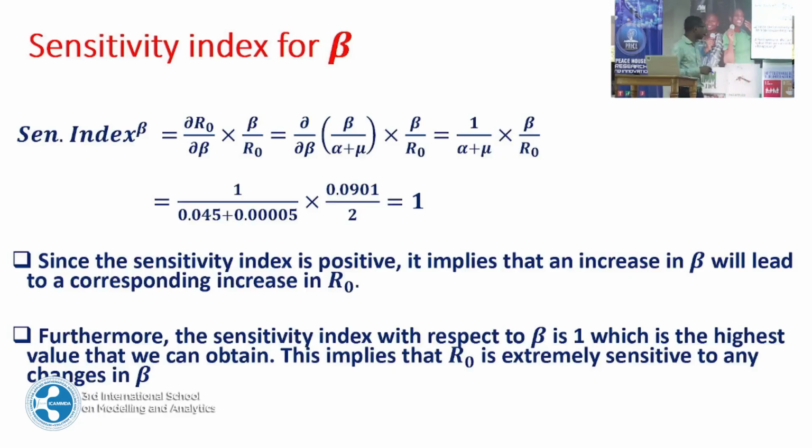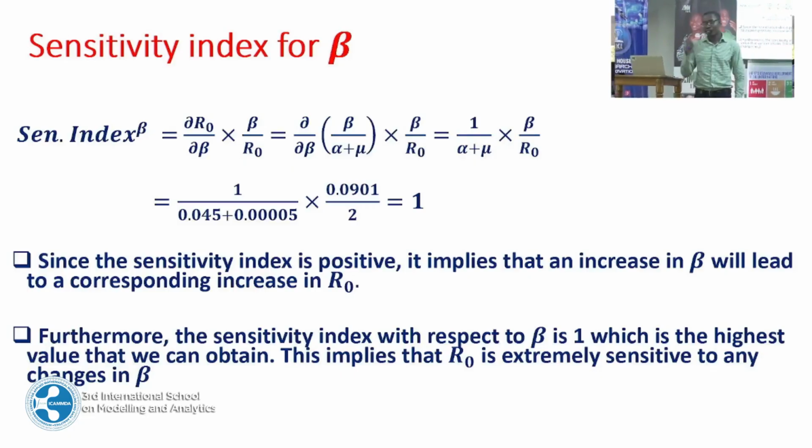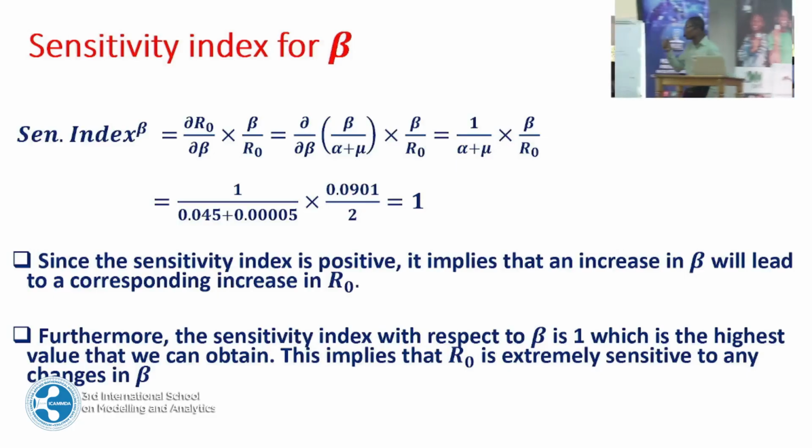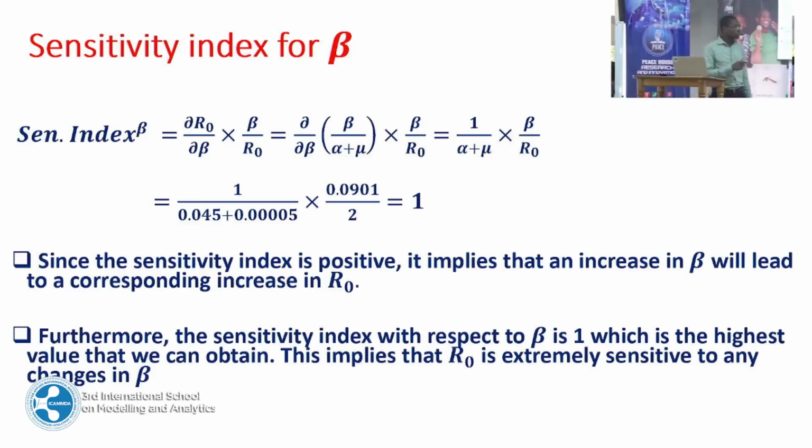So this implies that R naught is extremely sensitive to any changes in beta, because the sensitivity index is 1, and that's the highest. So our R naught is very sensitive. Any little change you apply to your transmission rate in your model will affect your basic reproduction number.